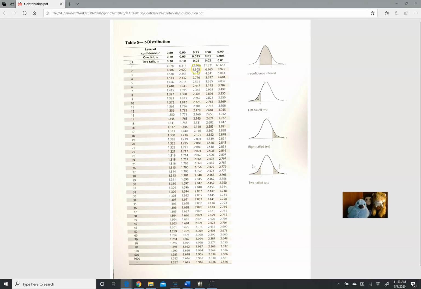We're going to go all the way down to 38. So if we go all the way down to 38 at 0.05, so we're in this third column here, we get a critical t-value of 2.024.